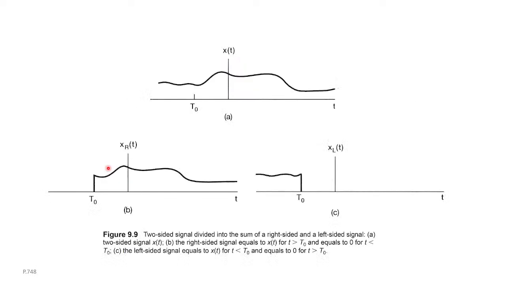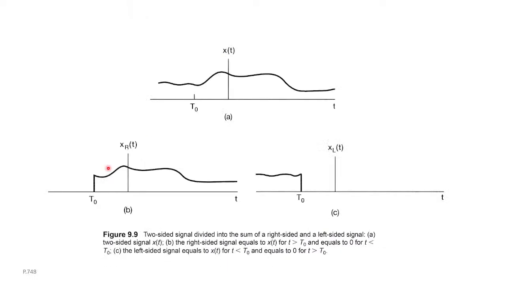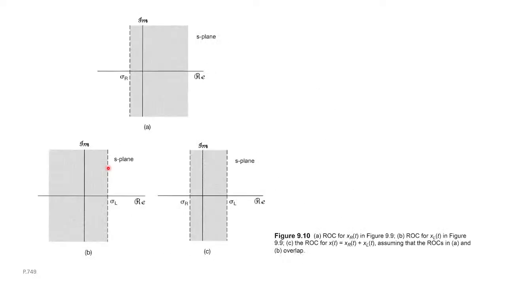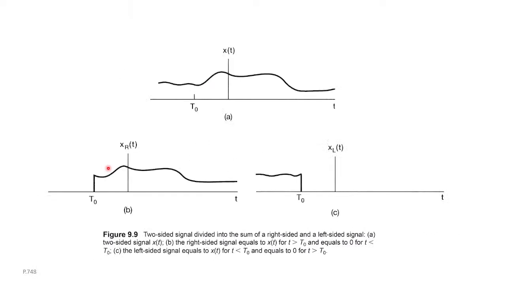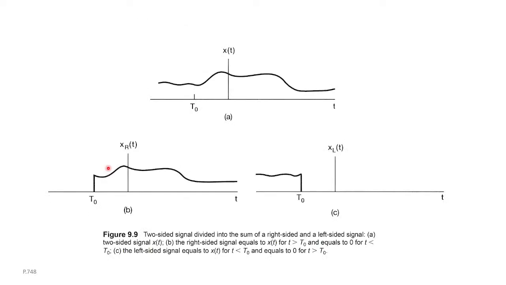So there are four possibilities of ROC, which basically correspond to how the signal looks. Although it's a little weird if you think about it, let's not confuse you right now. Four possibilities of the signal correspond to four possibilities of ROC. Your ROC is everything when your signal is of finite duration on both sides.